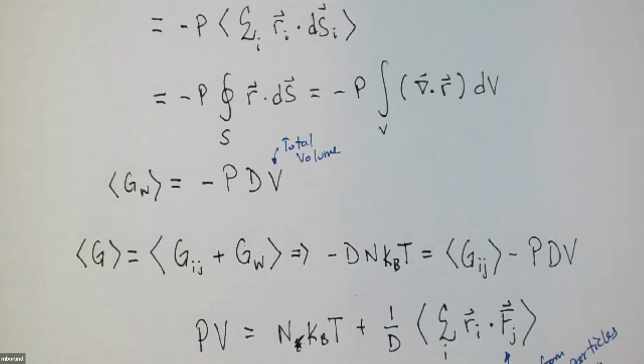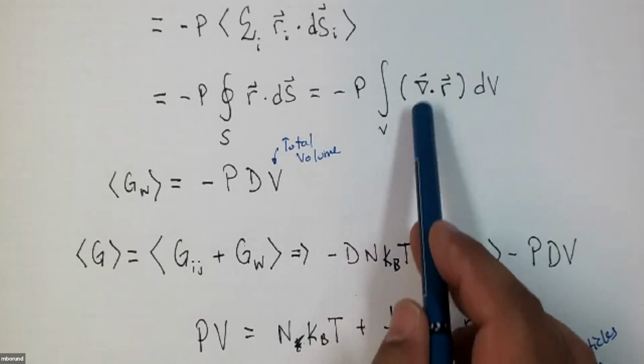Here we have the ideal gas plus the term due to the interaction. So this first term is from the ideal gas. Second term is interacting with each of the other particles. And that's the correction that you have to the ideal gas. Questions? So what happens to the divergence of R? If that is equal to the dimension.